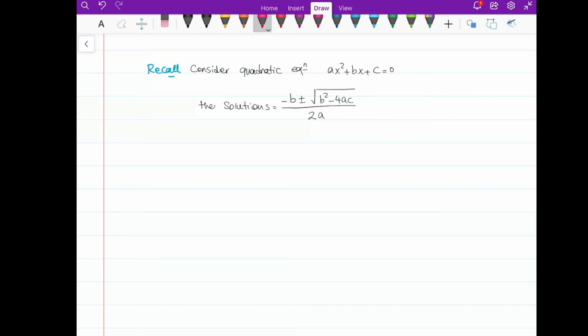And if b squared minus 4ac is some positive number, then we get two solutions, because for example you get the square root of 10 in here, and then you get negative b plus square root of 10 over 2a, or negative b minus square root of 10 over 2a. If this is something negative, then we have no real solution. And if we get 0, we just have one solution.